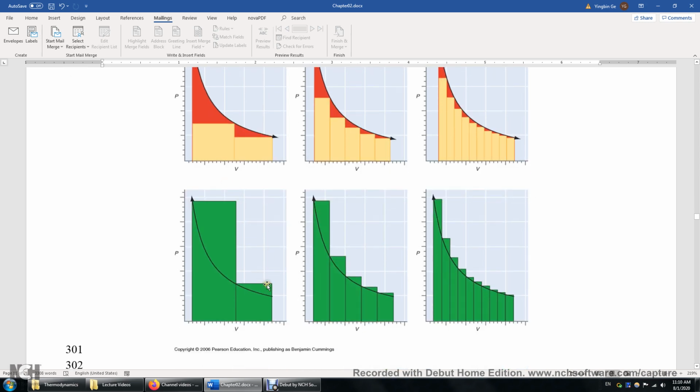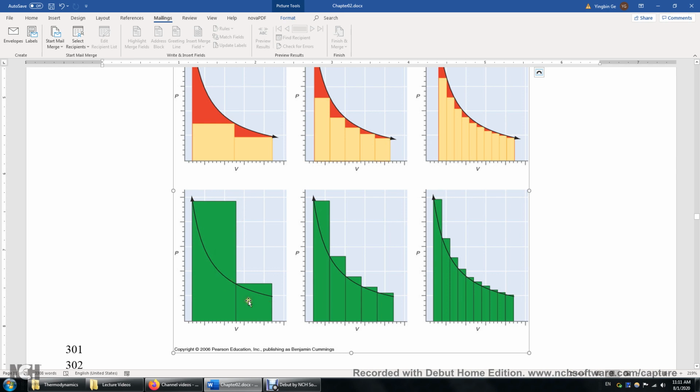When we do compression, we go from higher volume to lower volume. We can do one step compression from here to here with a constant external pressure, but also we can do two steps. We can first use this external pressure to compress the system, and then we increase the external pressure to here.